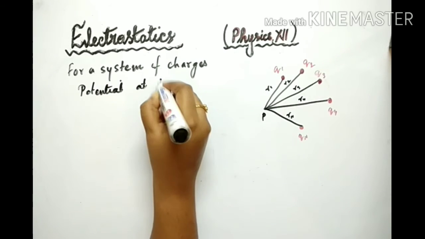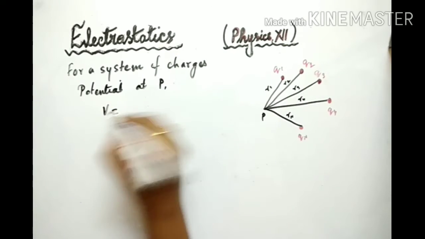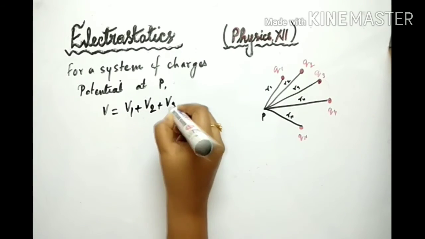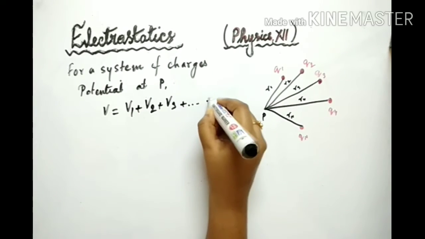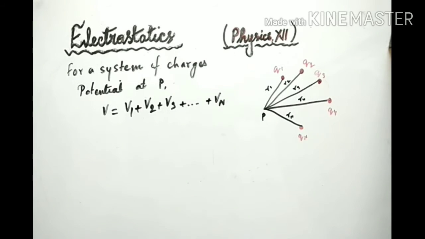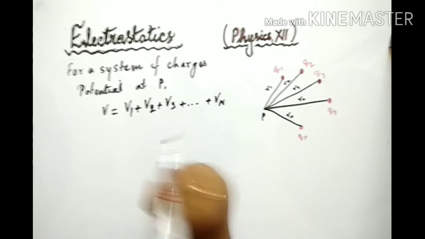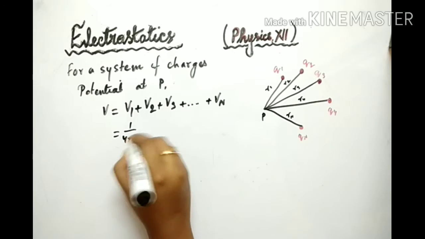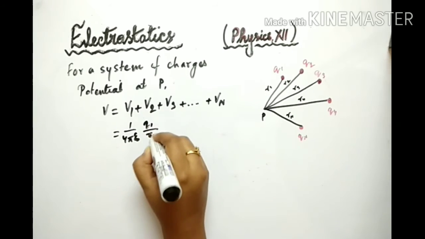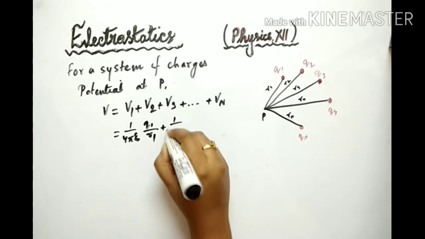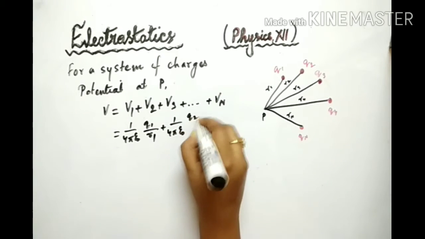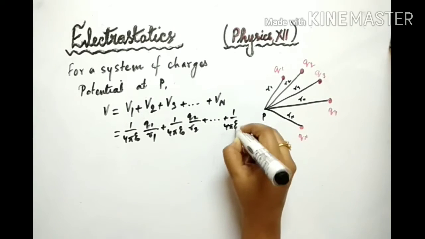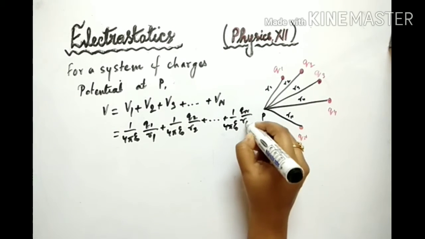potential at P will be, since this is a scalar quantity, you have to add all the potentials, and if there are n number of charges, you have to write till plus Vn. So in each case, it will be 1 by 4 pi epsilon naught Q1 by R1 plus 1 by 4 pi epsilon naught Q2 by R2 plus and so on, plus 1 by 4 pi epsilon naught Qn by Rn.